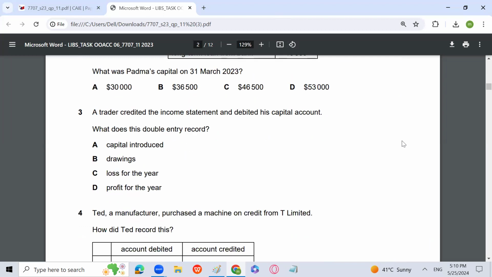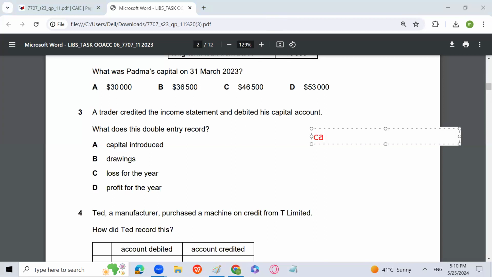A trader credited the income statement and debited his capital account. What does this double entry record? This is a very important MCQ which continuously comes in the paper, and students are not able to handle it. Let's do it first.